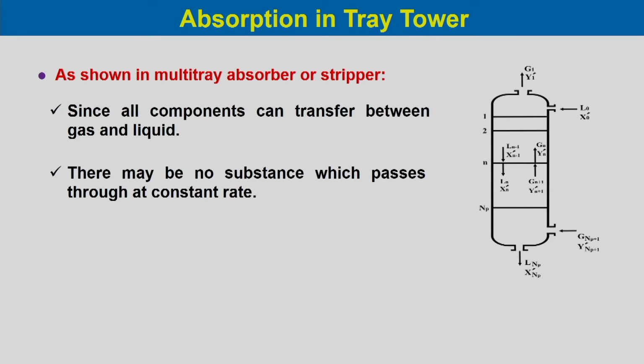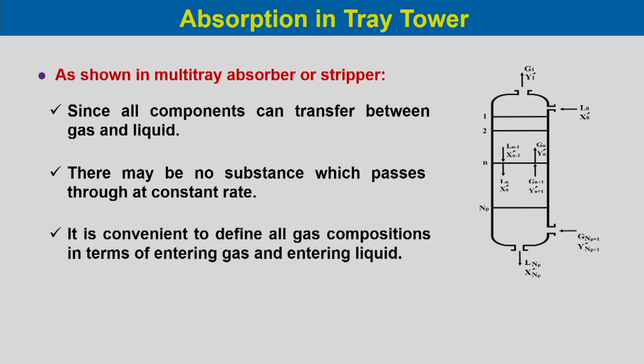That is why it is very convenient if we define the gas composition in terms of the entering gas and entering liquid. If all the compositions are defined with the entering gas and liquid flow rates, which are known to us, then it would be easier to compute.